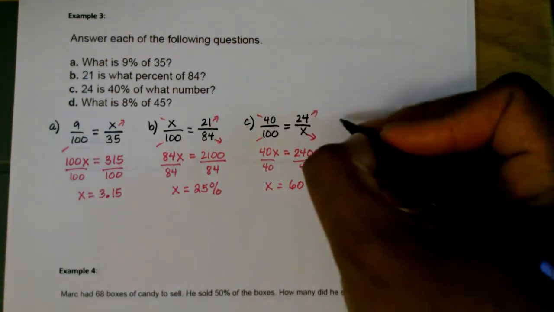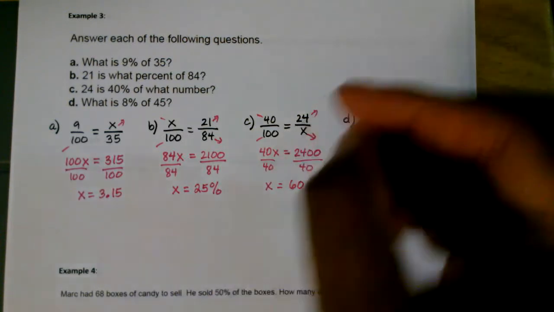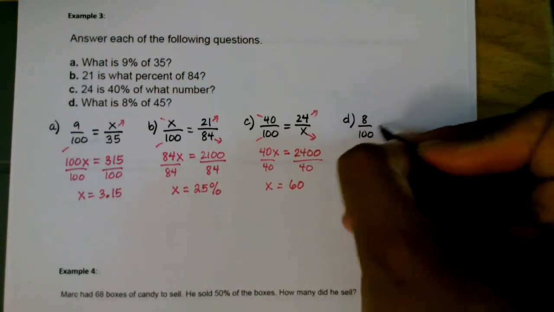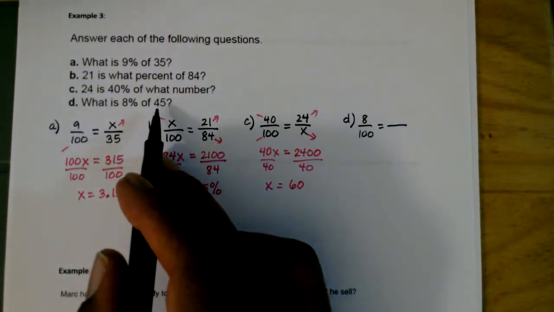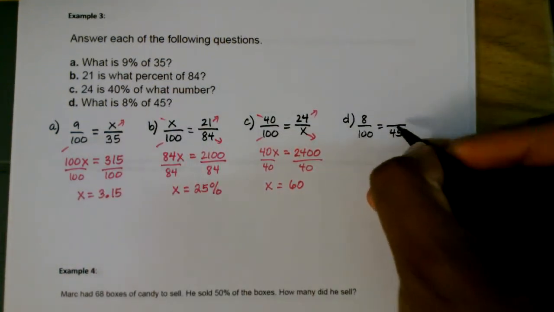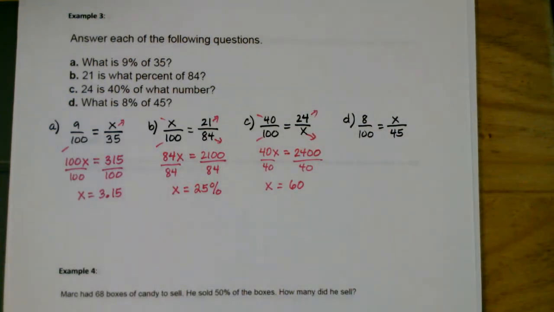Okay, and part D. What is 8% of 45? Well, the 8%, I can write that with a denominator of 100, so it'll be 8 over 100, and then that's going to be equal to, well, the number that's after the word of always goes in the denominator, so that 45 is after the word of. And what we're looking for will be x. So it'll be 8 over 100 is equal to x over 45.